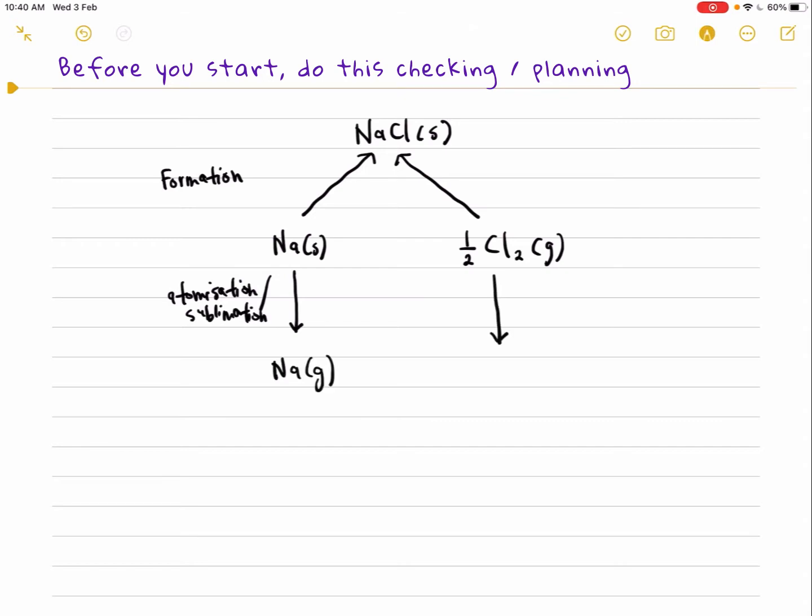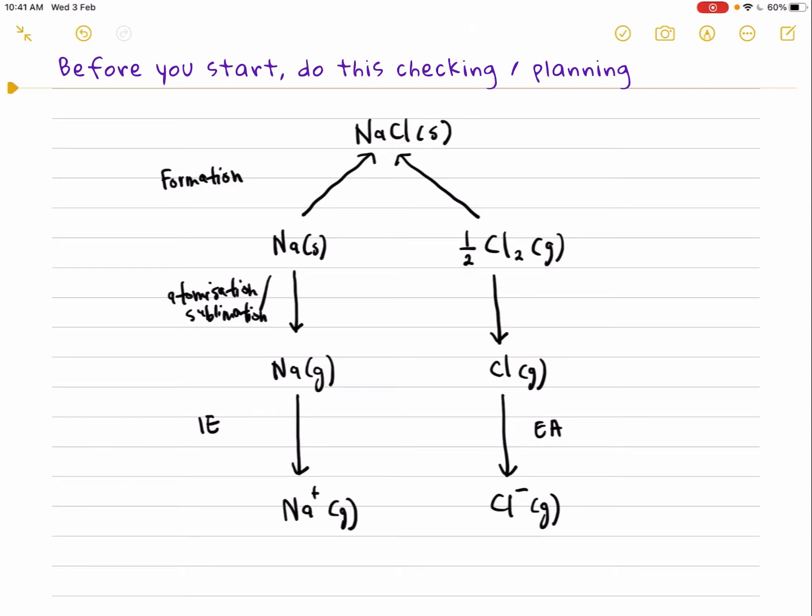For half chlorine gas molecule, upon sublimation or atomization, you will get chlorine gas. The gaseous metal will further undergo ionization energy, so you will get Na plus gas. And the anion non-metal will undergo electron affinity, so you will have Cl minus gas.